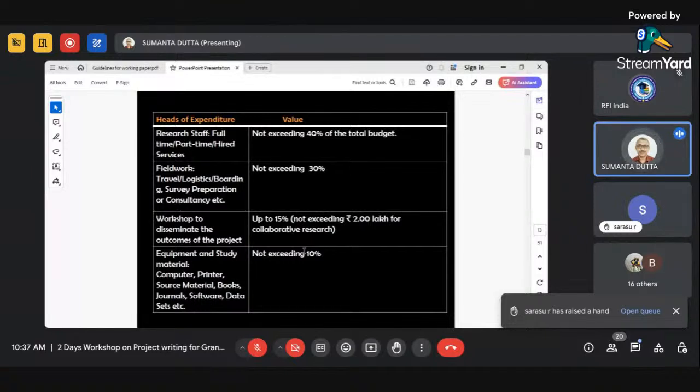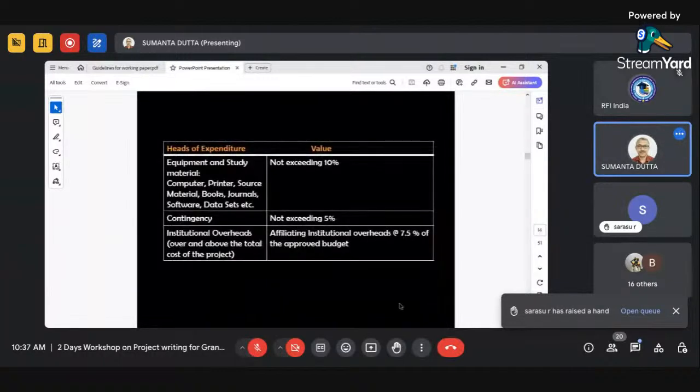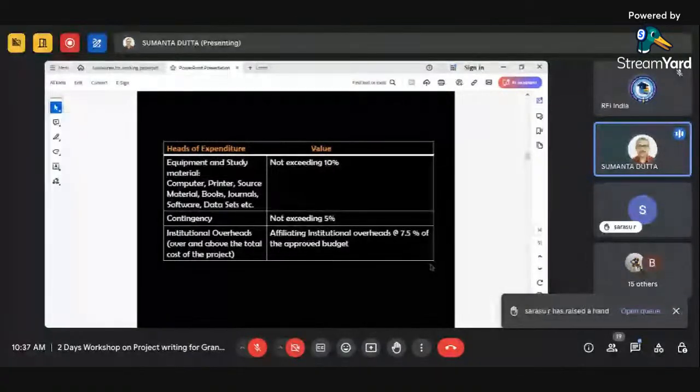Okay, so this is the sum. That is mainly 10% of the total budget that is allocated. Now, for other contingency purposes, for some unpredictable situations, 5% of the total budget will be kept. But the last one is very interesting. The affiliating institution, that means the institution that is being represented by the project coordinator, that institution is called an affiliating institution.